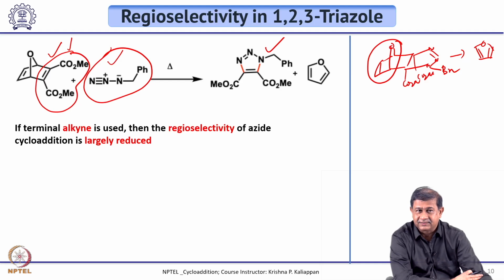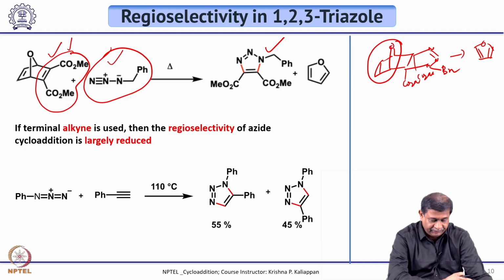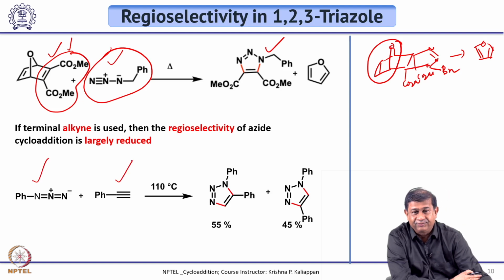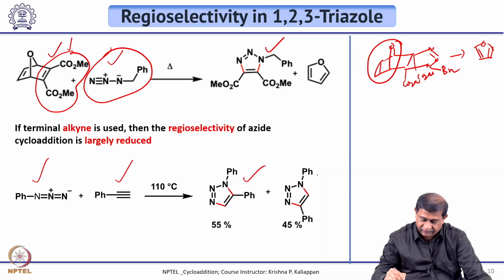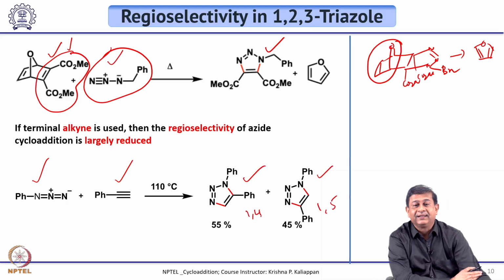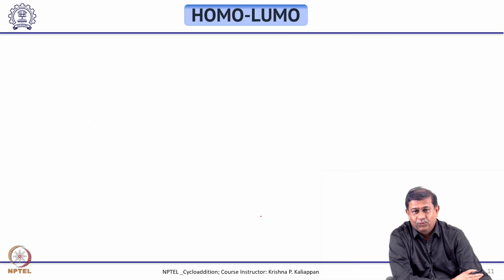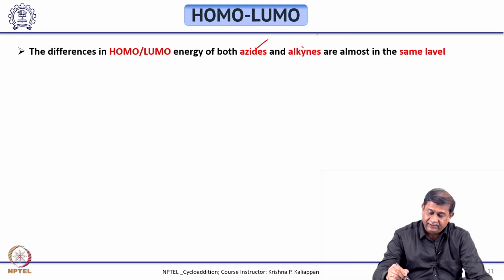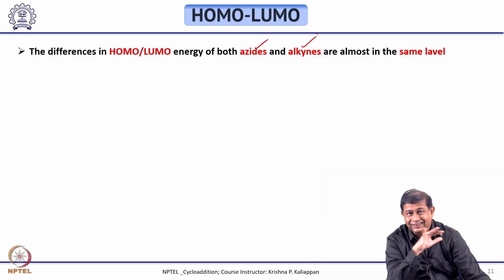But when you use an alkyne or any unsymmetrical alkyne, then you do not get regioselectivity, unlike alkenes. For example, if you take phenyl azide and phenyl acetylene and heat it, you get almost a 1:1 mixture of 1,5 and 1,4 triazoles. So why do we not get selectivity, unlike the alkenes? This is because the difference in HOMO-LUMO energy of azide and alkyne is almost at the same level.